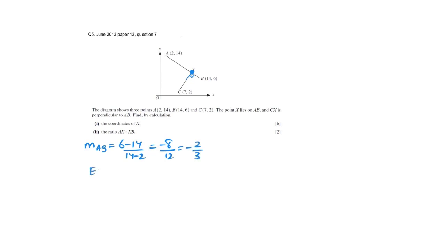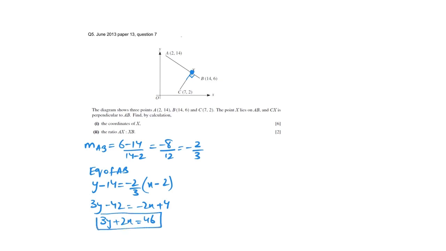So equation of AB would be y minus y1 equals m times (x minus x1), which gives 3y plus 2x equals 46. That's the equation of AB.